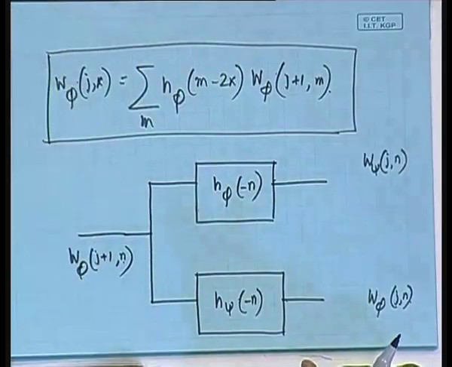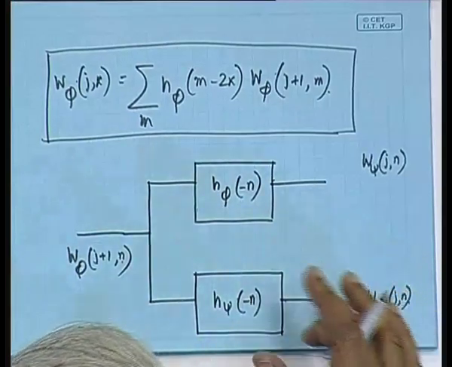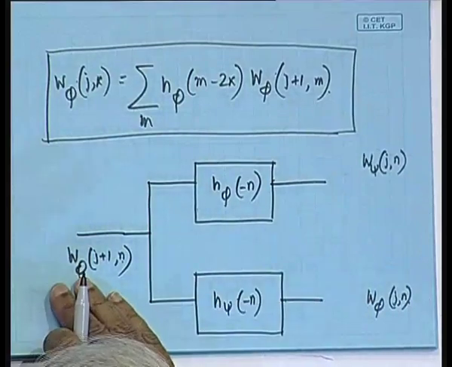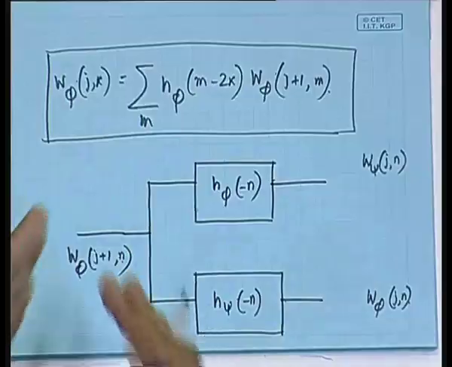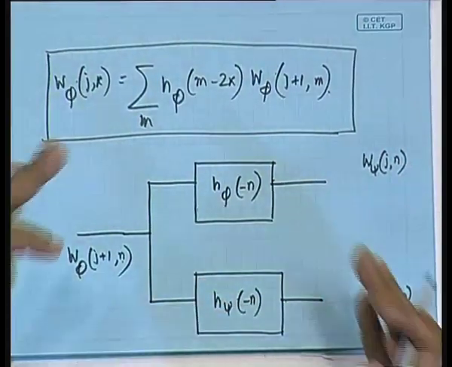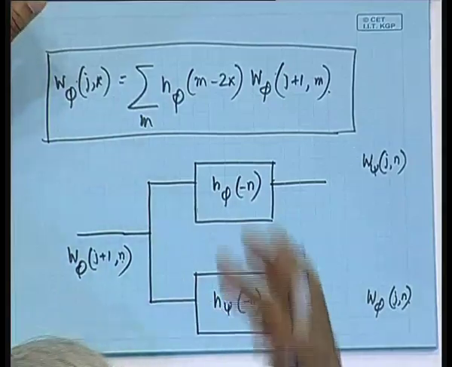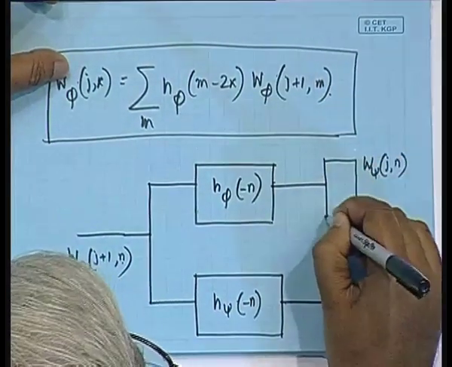And what we have to do is, yes, so this is two filters. So, if you have W phi j plus 1 n as an input, then you can get W psi j n and W phi j n out of this, but mathematically it also evolves that there is a decimation by 2.